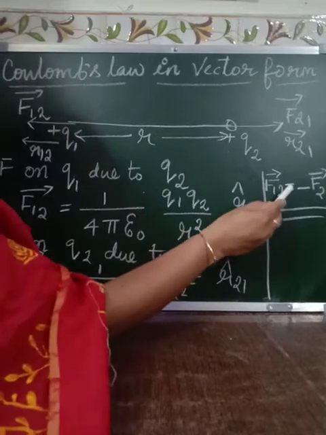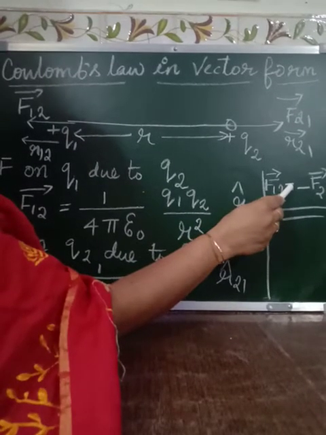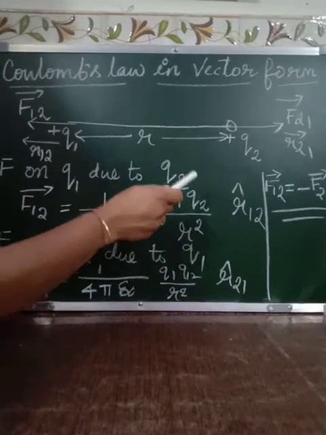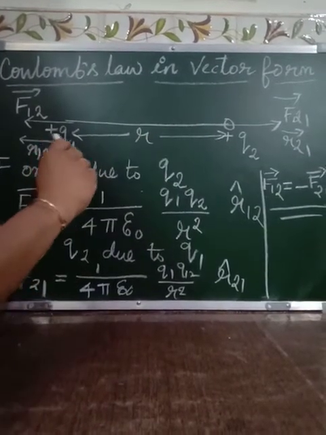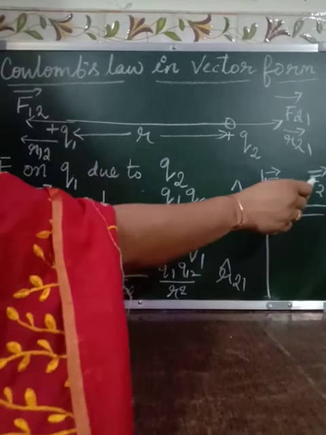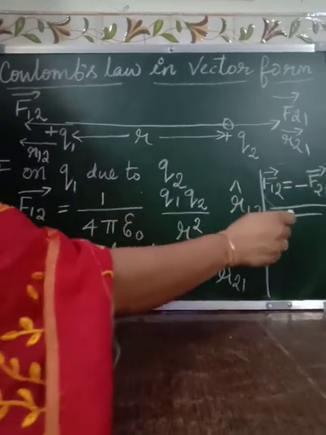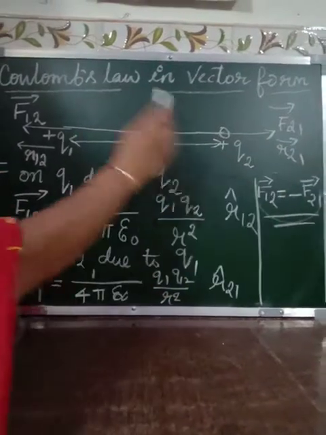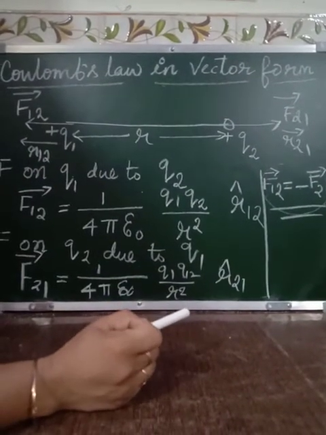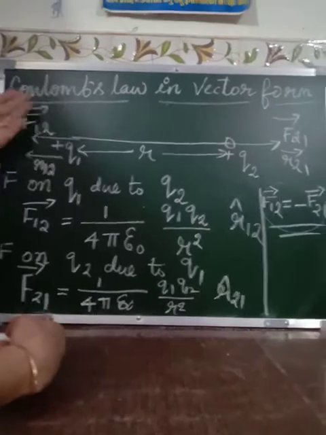F12 is equal and opposite to F21. Its magnitude is same, but they are in opposite direction. This is the conclusion of Coulomb's law in vector form. So this is the expression for Coulomb's law in vector form.